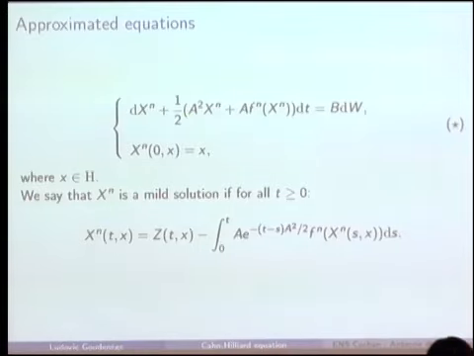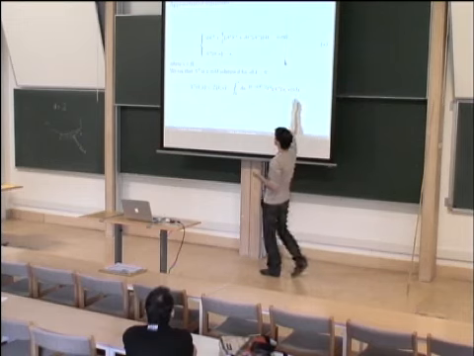So we try to understand with the nonlinear function f this new equation. For this equation we will try with some polynomial approximation. So I denote fn the polynomial approximation of f, and we write a mild solution of the equation with the z process, which is the solution of the linear equation, and this term.